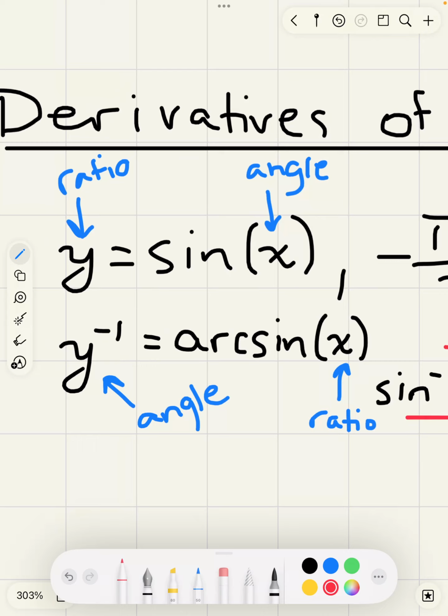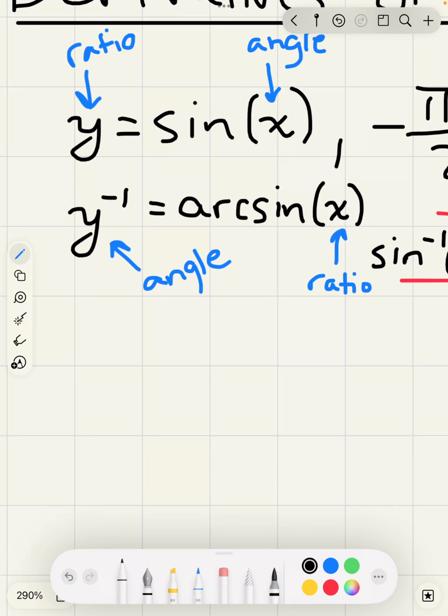Remember, reciprocal is when you have a fraction and you switch the top and bottom. Inverses are when you switch the input and output, the x and the y, just like we see here. So it's important for us to have that idea in our heads before we get into derivatives.